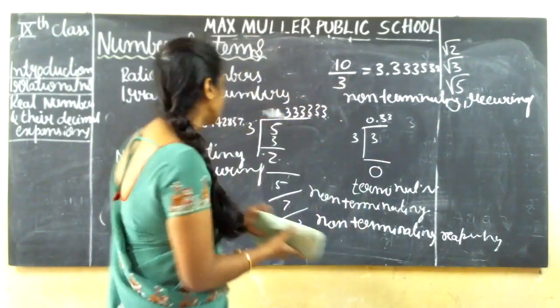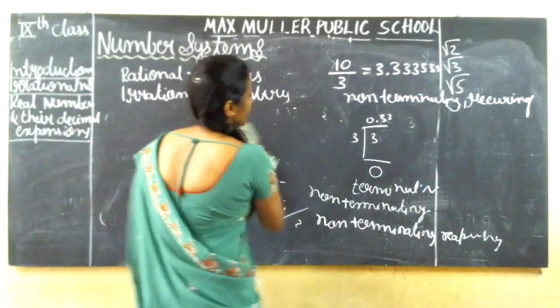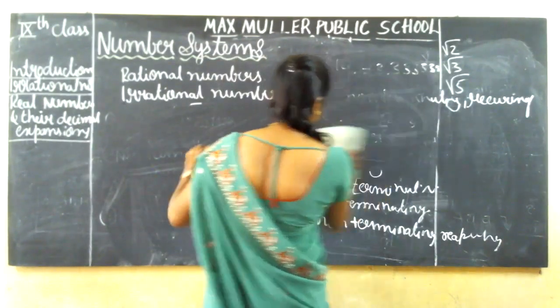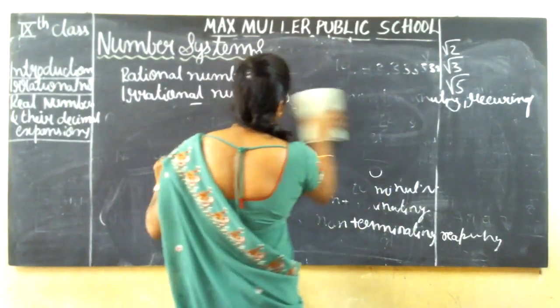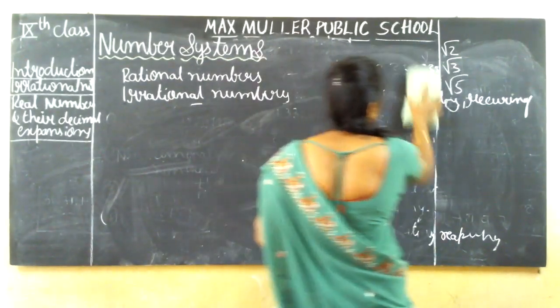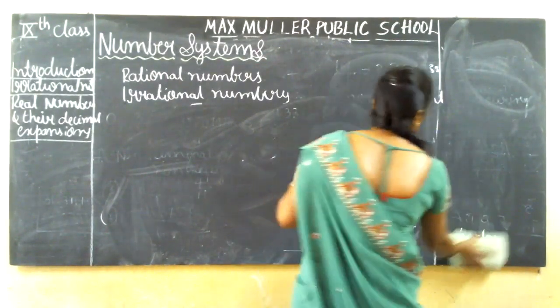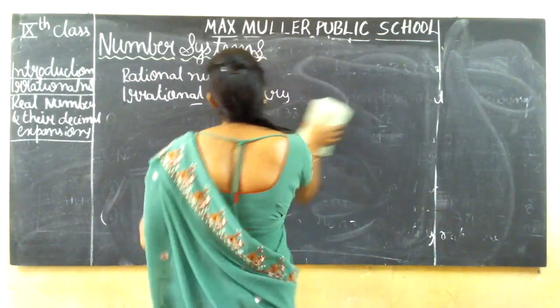When you have decimal numbers, if you are saying the decimal numbers are rational numbers, then you have to represent them in the form of P by Q. Yes or no, guys?